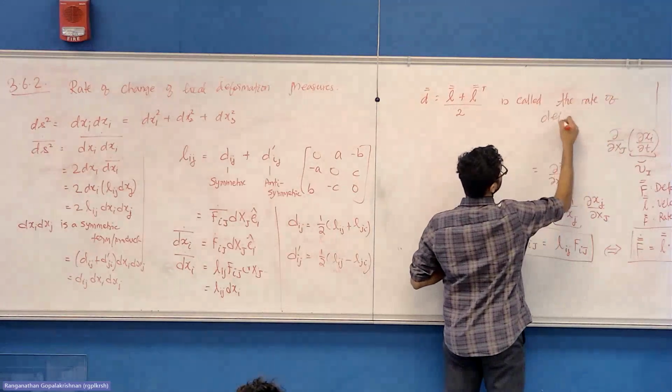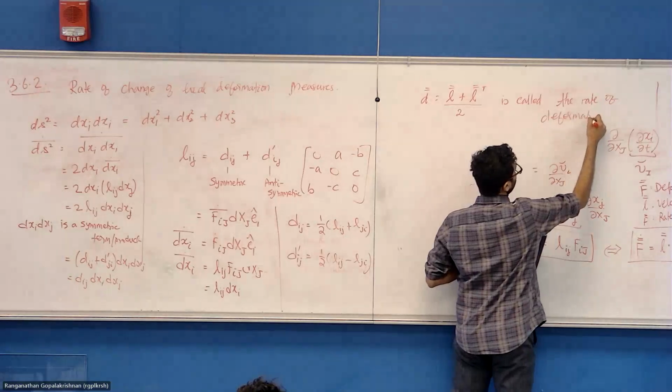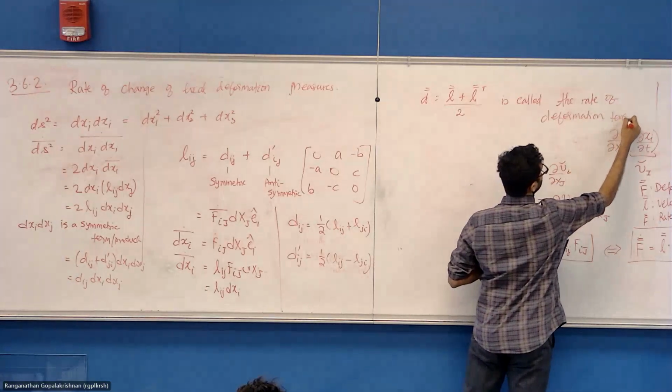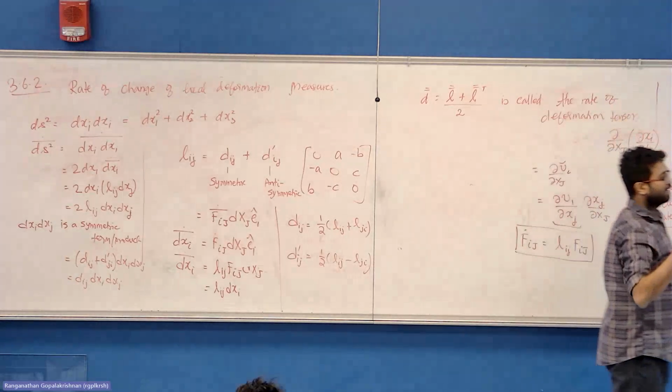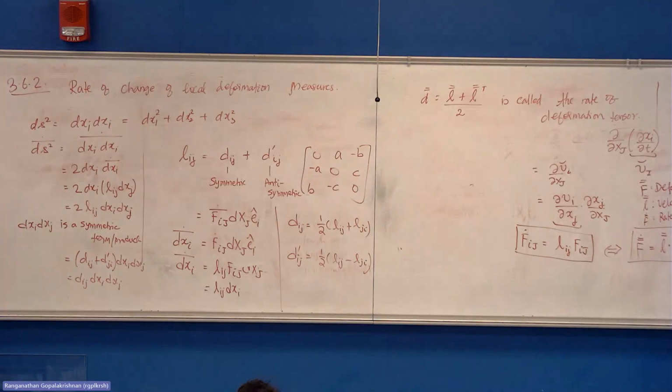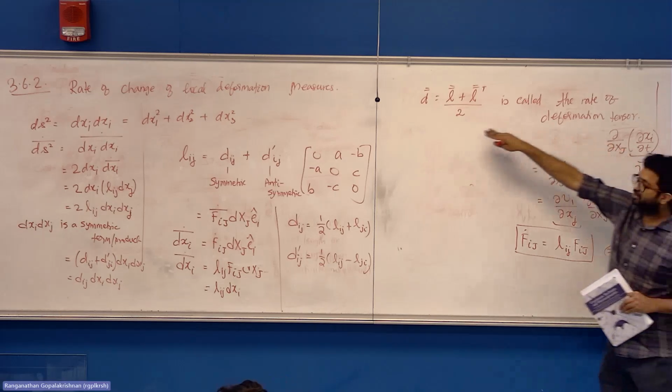The rate of deformation tensor. I will register my surprise and disapproval of this name, because if F is the deformation tensor, its derivative is what should be called the rate of deformation tensor.